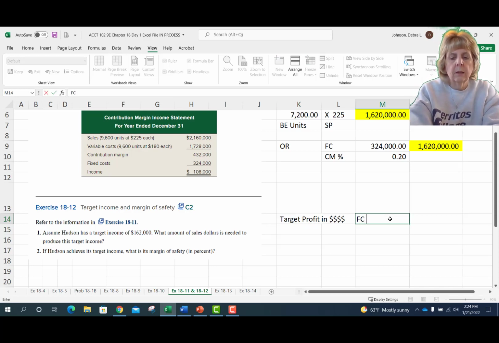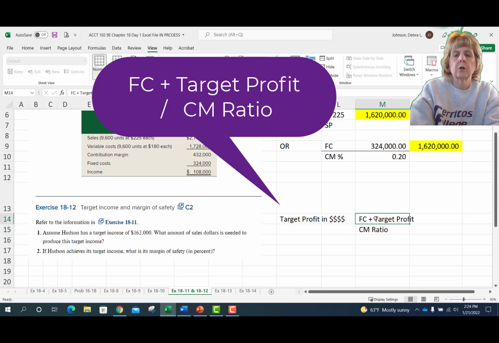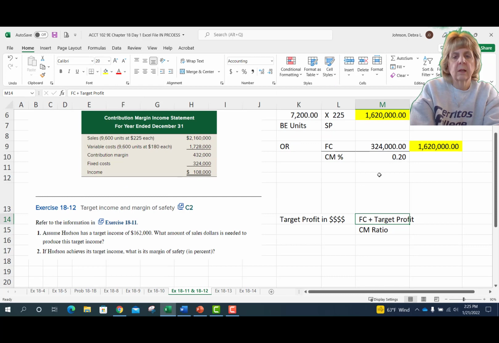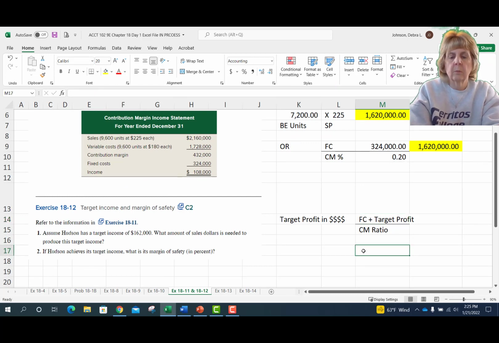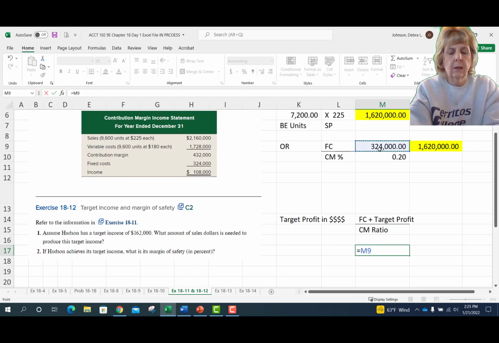The formula is to take the fixed costs plus the desired target profit. And because the amount was asked in sales dollars, we'll put the contribution margin ratio on the bottom. We'll get this information based on the previous exercise that was very similar. We'll start off with the fixed cost given as $324,000.